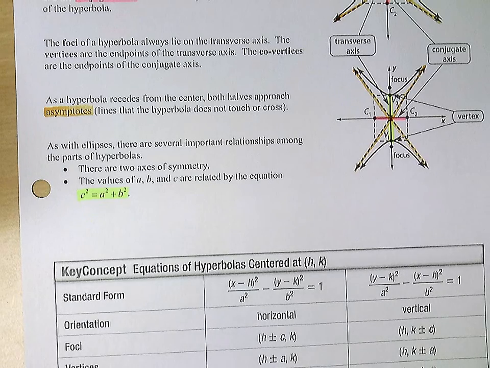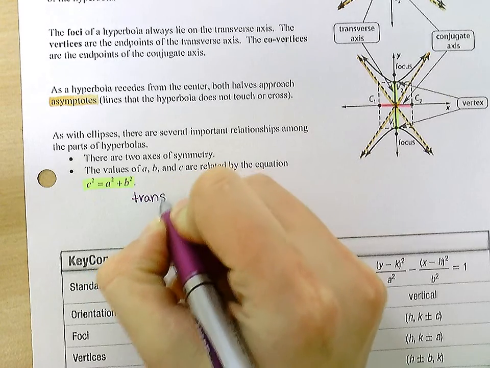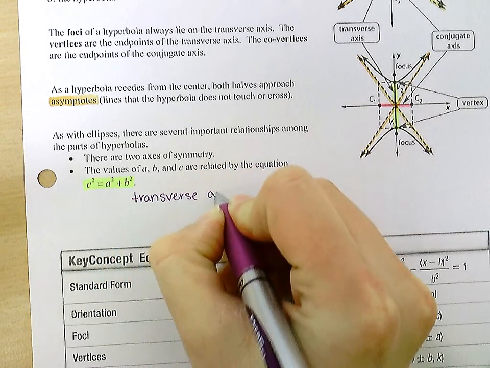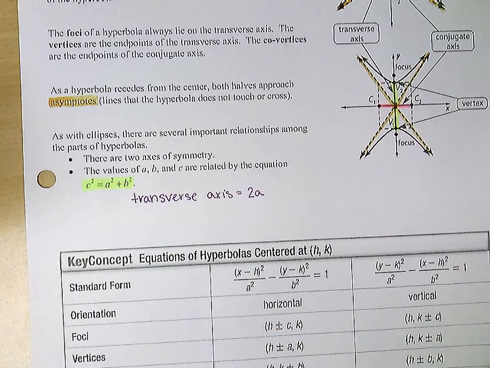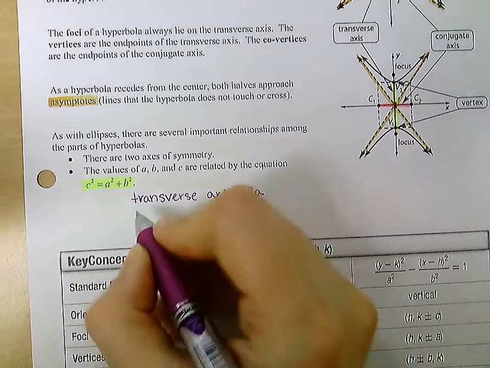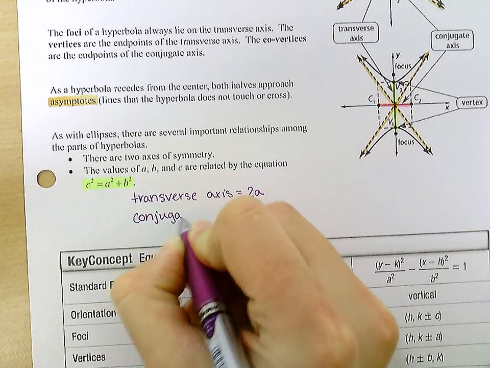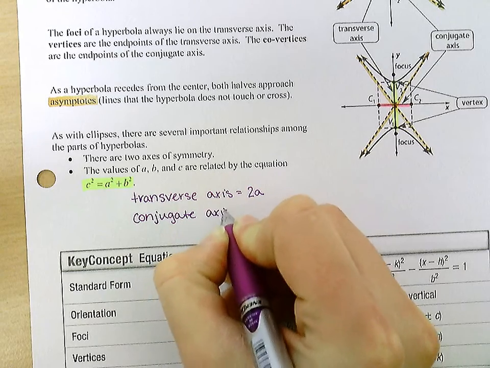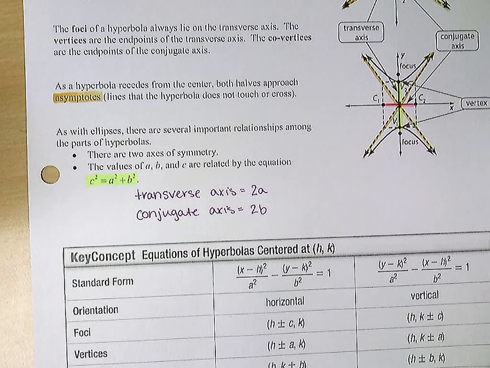Just like ellipses, we can use the axes to find A and B. Your transverse axis is equal to 2A, and your conjugate axis is equal to 2B.